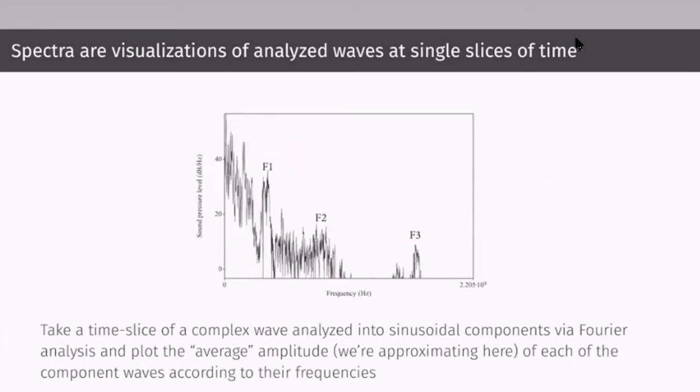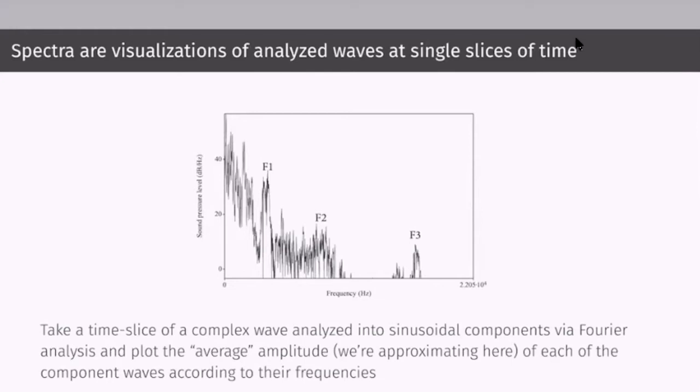You're taking these sinusoidal components that you got via Fourier analysis, and then you're plotting the average amplitudes, basically, not exactly right, but you can put it that way, of each of the component waves according to their frequencies.